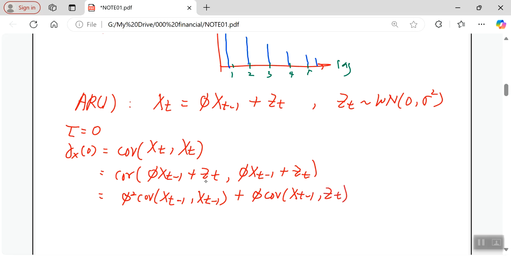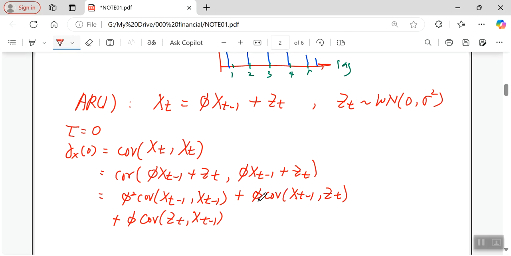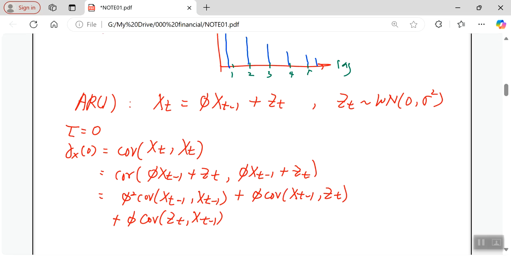The third term is phi times the covariance of Zt and Xt minus 1, which is basically the same as the previous one, so we have two terms for that. The last one is the covariance of Zt and Zt.